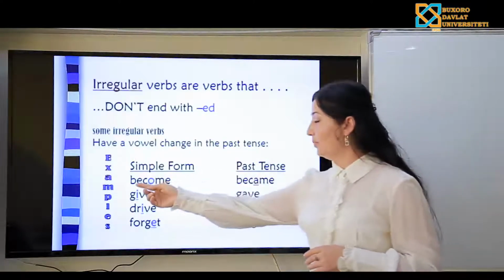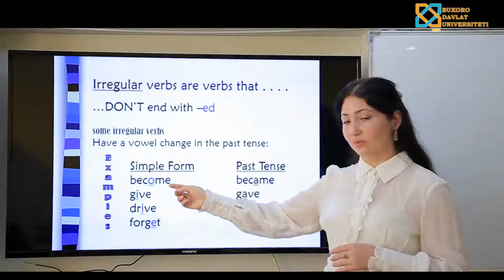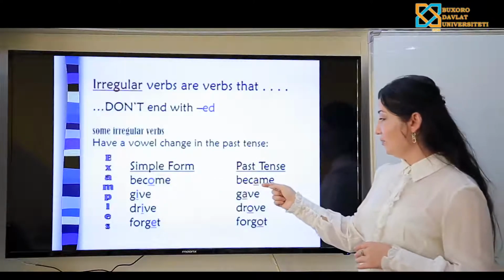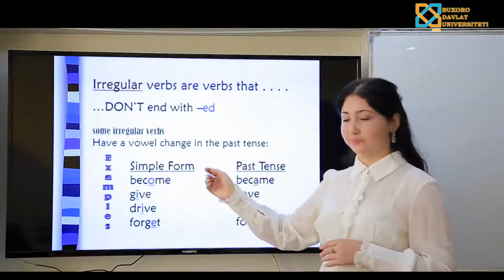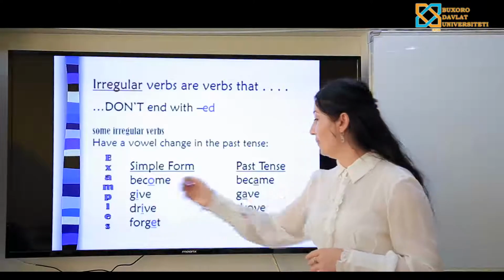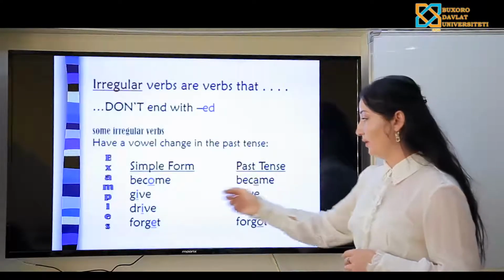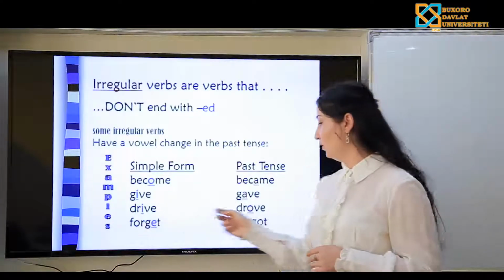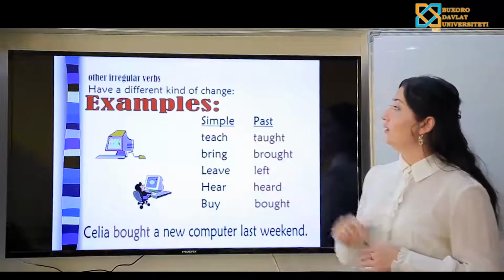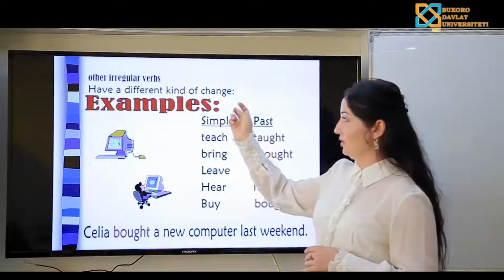For example, become, it is the infinitive form, but became, it is the past form of this verb. Give, in the past tense, it will be gave. Drive. Draw. Forget, forgot.